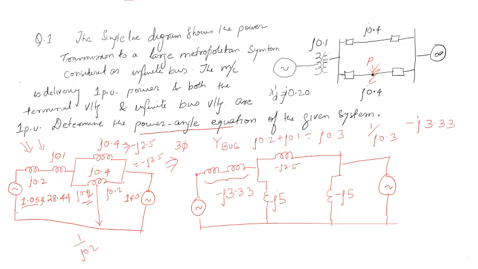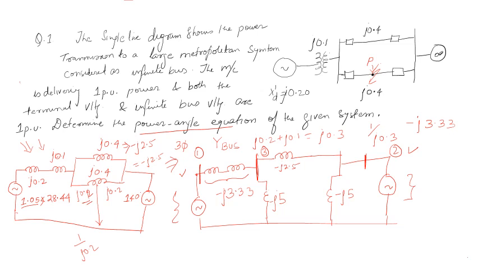Now I will specify the buses. This is my bus number 1, this is my bus number 2, and this is my bus number 3. There are three buses, and out of these, buses 1 and 2 have their own generators, but 3 does not have any generator, so there is no energy source at 3, nor is there a load.